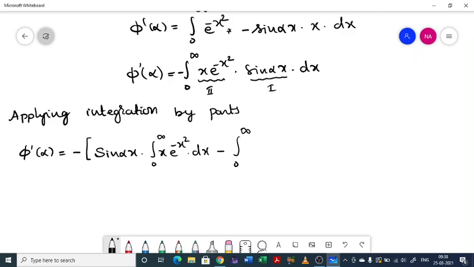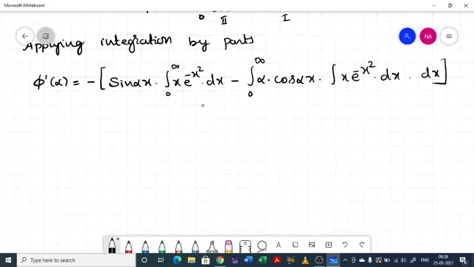You have to differentiate with respect to x. So alpha into derivative of sin, which is cos alpha x, into integral of x e power minus x square dx. Now we want this one, integral 0 to infinity x into e power minus x square dx.